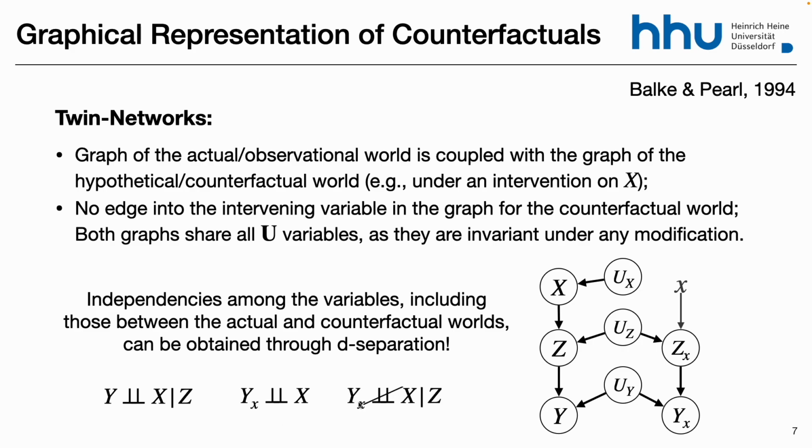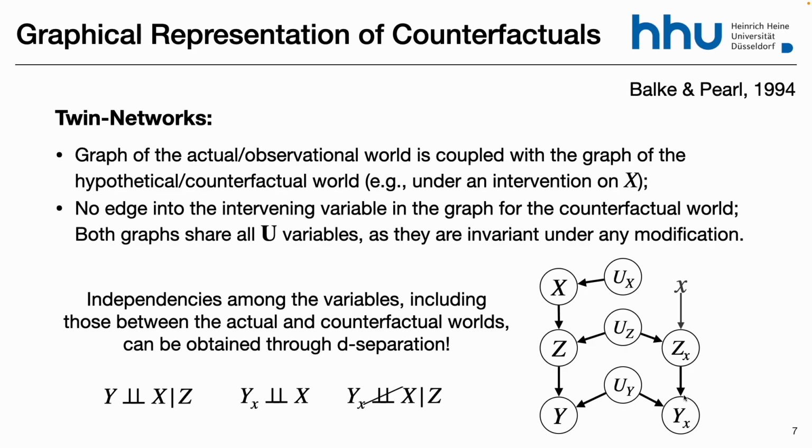But anyway, you can see here as well that you cannot get the effect of X on Y by conditioning on Z. This is a proper causal path. So X and Y are independent given Z in the observational world.